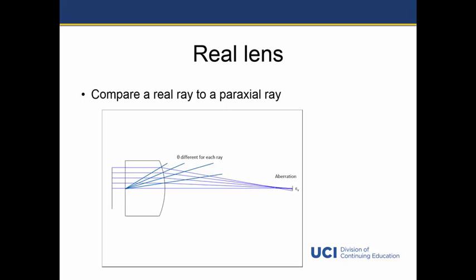But remember, Snell's law says the rays are bent relative to the surface normal at the point of intersection, and as you can see from these different line segments that I've drawn here, each of these rays is refracting at a different angle. Obviously that's going to be a lot more complicated for us to figure out rather than simply using a paraxial ray trace equation where we simply have our slopes and our distances.